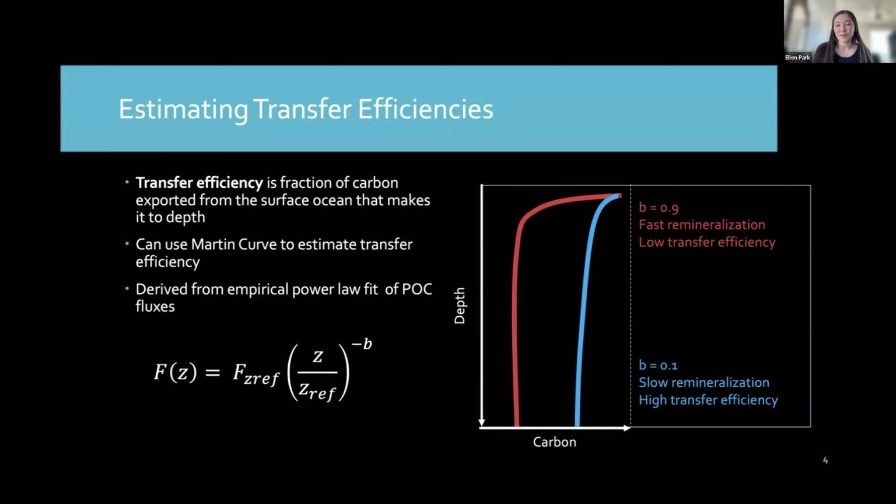The one in red is when the power law value, B, or attenuation, is larger, where we have more remineralization with depth and a lower transfer efficiency. We also have the case in blue where the B value is smaller and we have less remineralization and therefore a higher transfer efficiency.